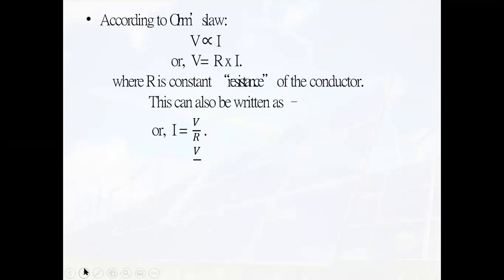According to Ohm's law, V is proportional to I, and V equals IR, where R is the resistance of a conductor. This can also be written as I equals V upon R.